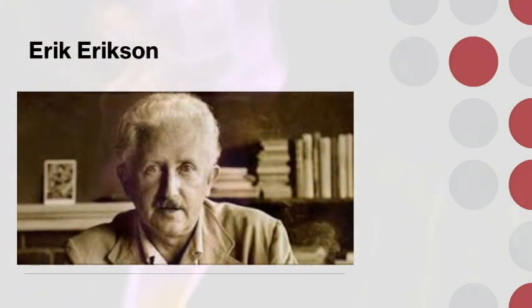These stages span from infancy through to old age, and they encompass key milestones and transitions in an individual's life. Erikson's theory emphasizes the interaction between personal development and societal expectations and highlights the role of social relationships, cultural norms, and historical context in shaping a person's identity.